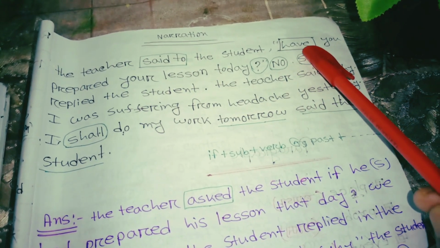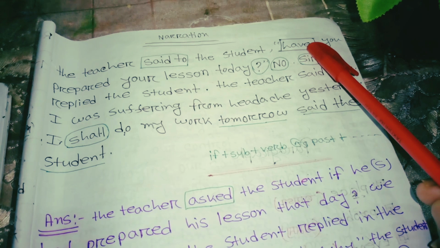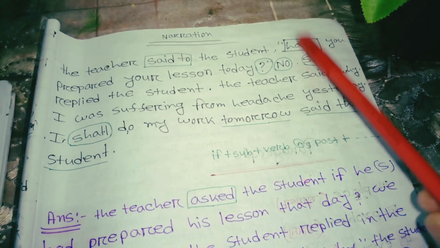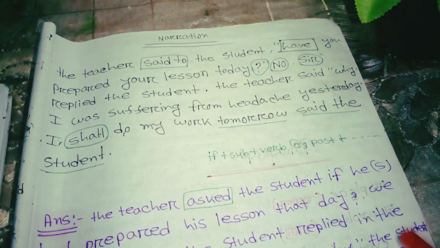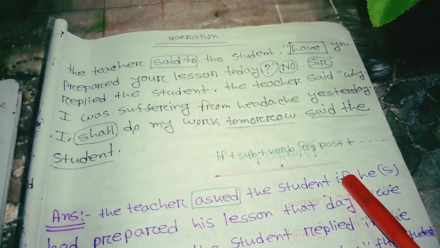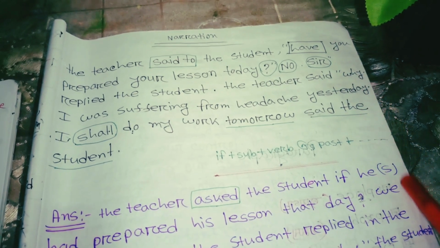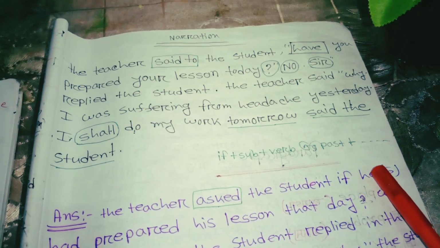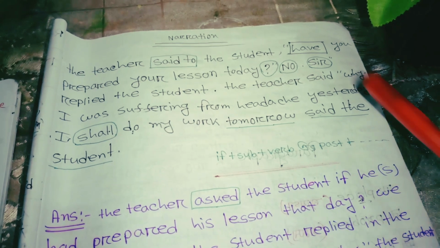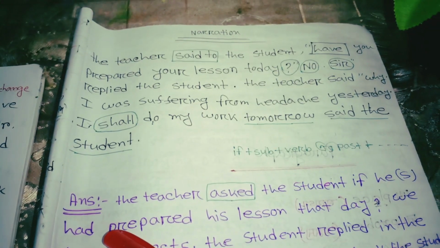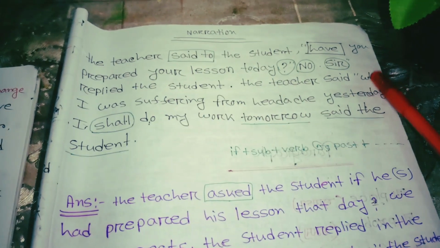So here we can find that "have" is an auxiliary word. So here, firstly we have to write down "if," and then you have to clarify the subject. So here in this line, "you" is the subject, so we have to write down "he," and "he" means the student, and then we have to change the verb.